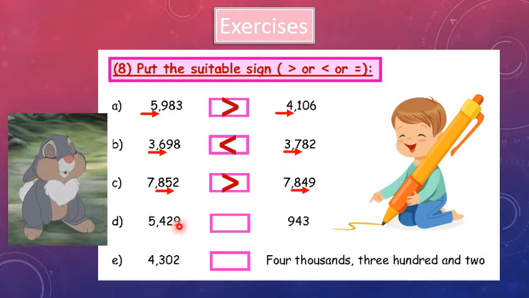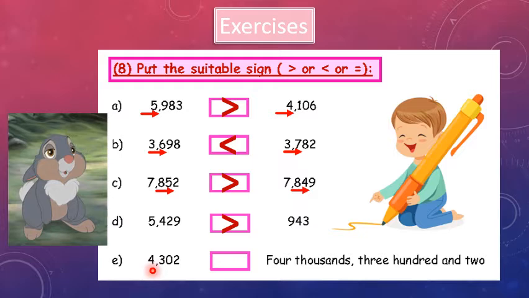Now let's go to another exercise. Here we have 4 digits and here we have 3 digits only. Then which is bigger? The number which has the largest number of digits is the larger number. Now 5,429 is more than 943. Let's go here.